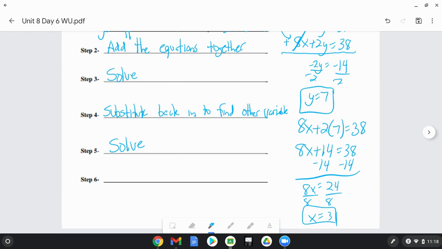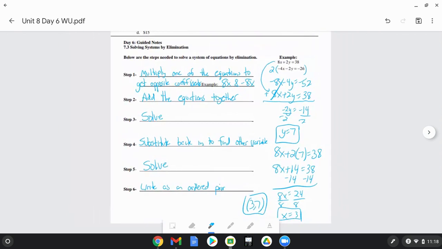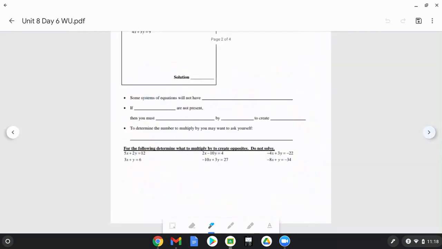So then we're going to write my answer as an ordered pair. So that'd be 3 comma 7 would be my answer. And that's all we have to do for this style here. So that's called elimination. So let's go on to some other ones here.